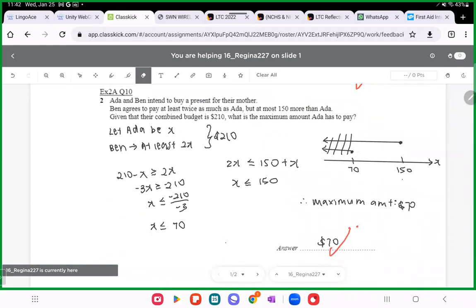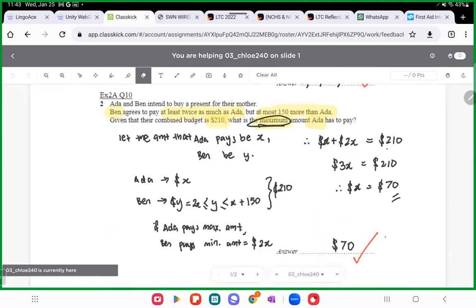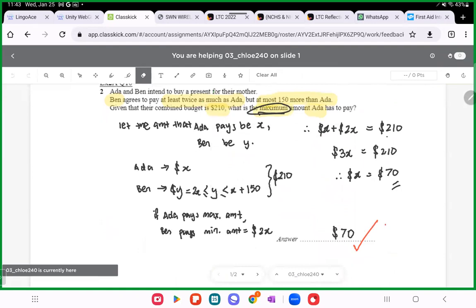Because I marked from the top, from the first register number to the last, people who came before Regina actually copied Chloe's work onto your portion for this last question. Chloe gave a very good explanation. I'll show you Chloe's first, then Regina's. Chloe gave x and y for Ada and Ben, and then formed the inequality.